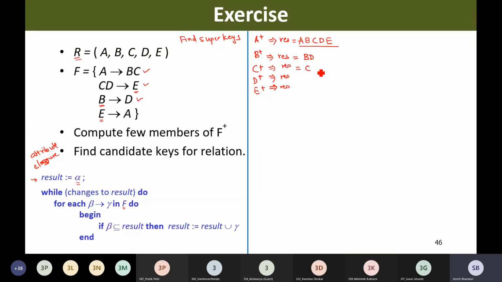So C plus is C. What about D plus? D plus is D. What is E plus? E plus is EA.